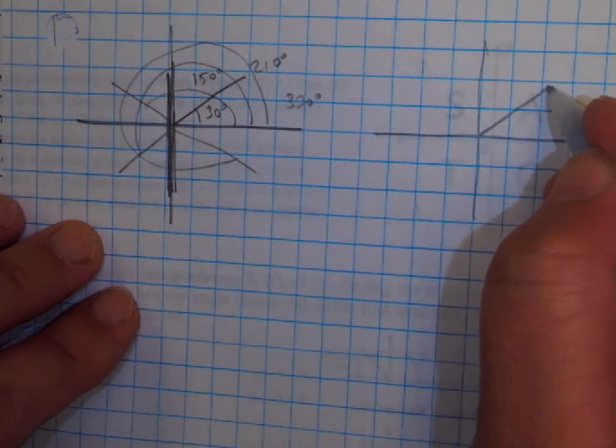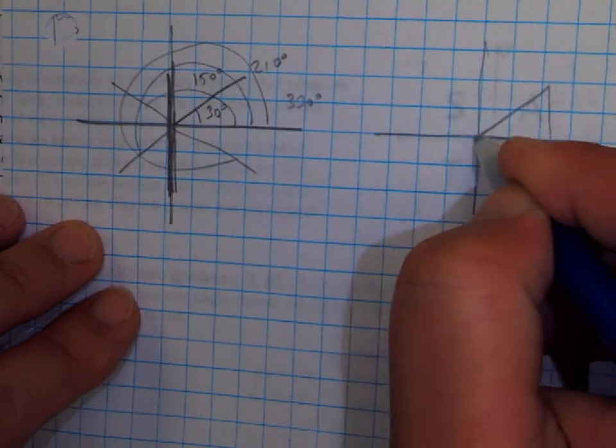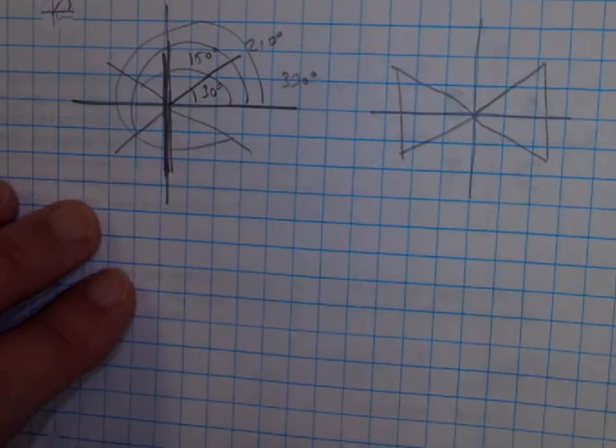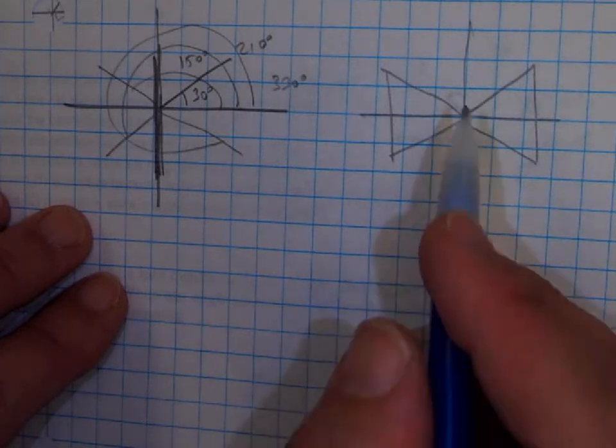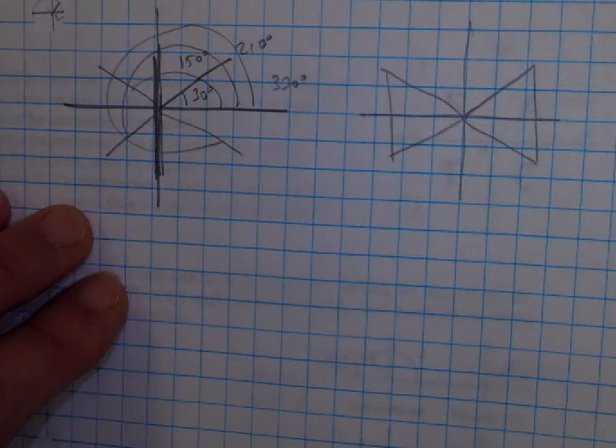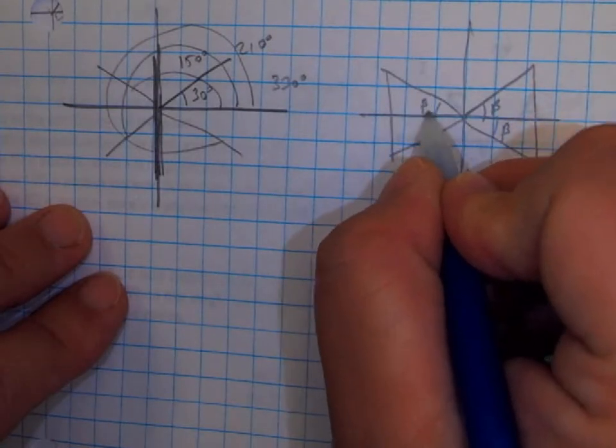These are the terminal arms of those angles. What is common between them? Their related acute angle is the same. The angle between their terminal arm and the closest x-axis is the same. So these are all beta.